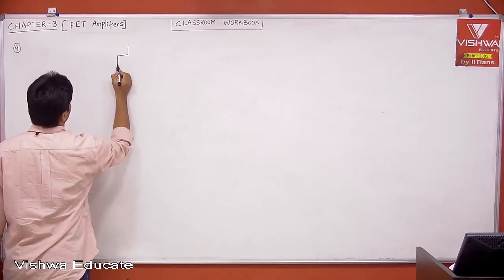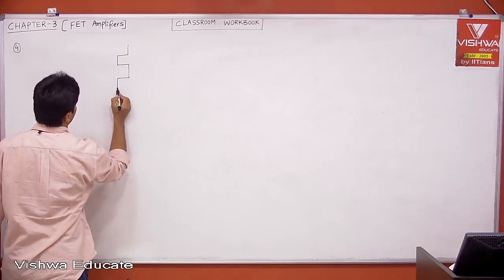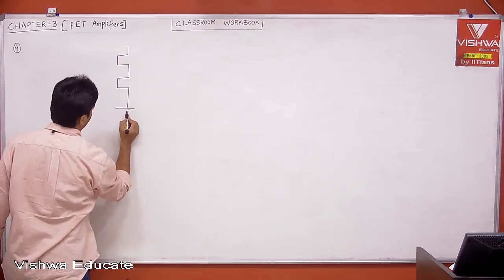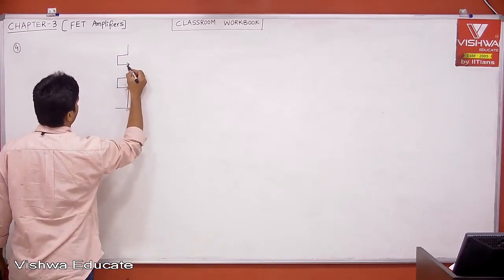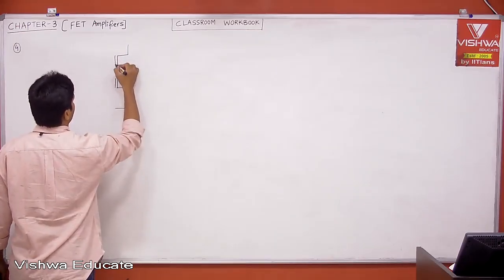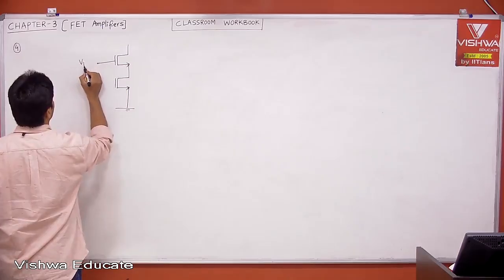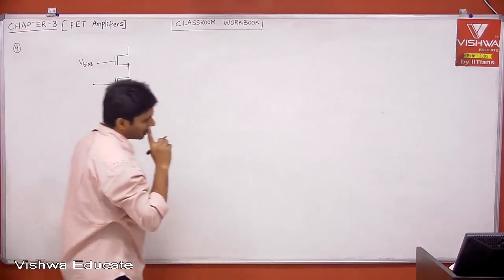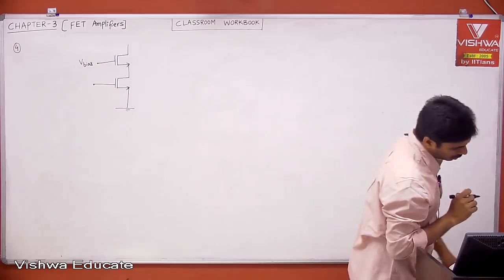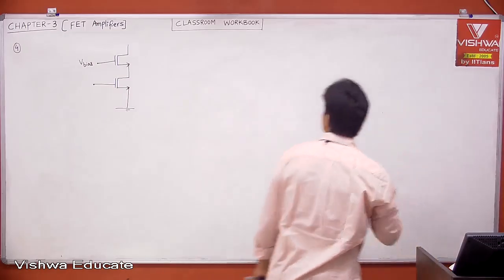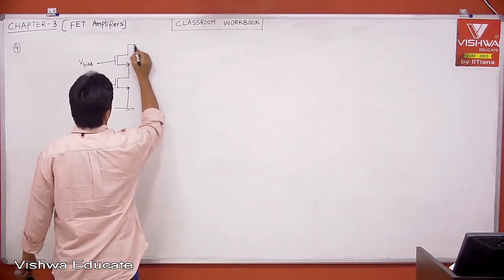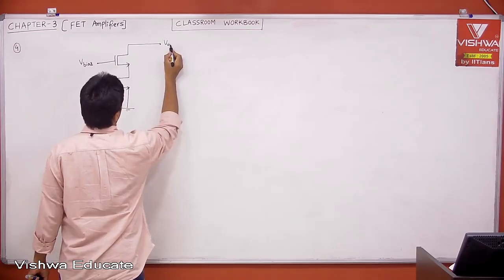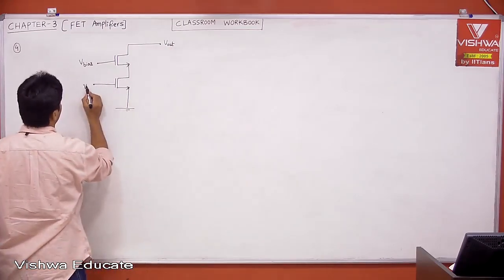The circuit is defined with Vbias, which is a fixed voltage. This is Vi and this is Vout. This is Vout and this is Vi.